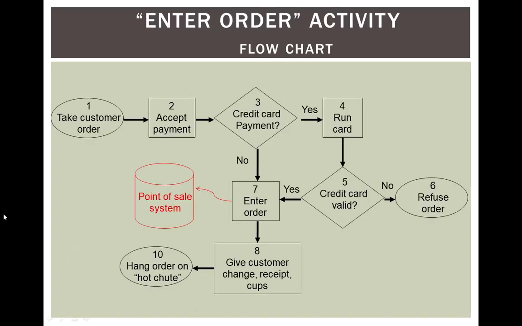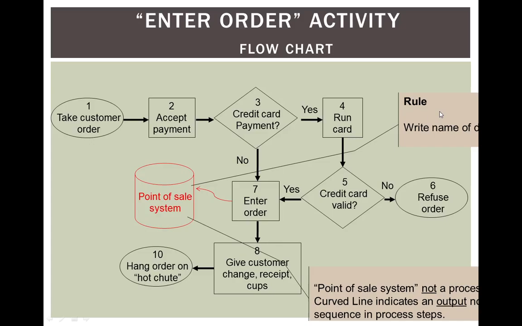All right, so here we've got our typical inner order activity, and then we've got this point of sale system. We've got it plugged in here at the inner order page or phase. So this is basically the symbol for a database, and then this curved line represents an output.